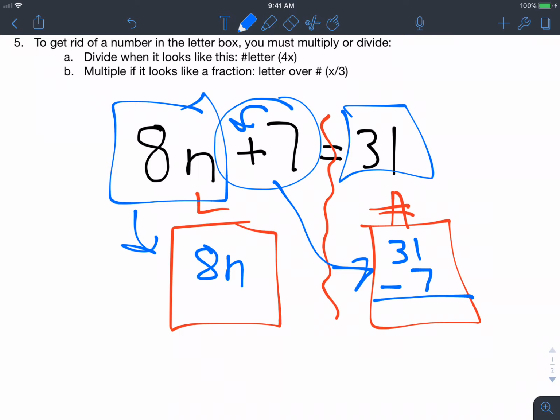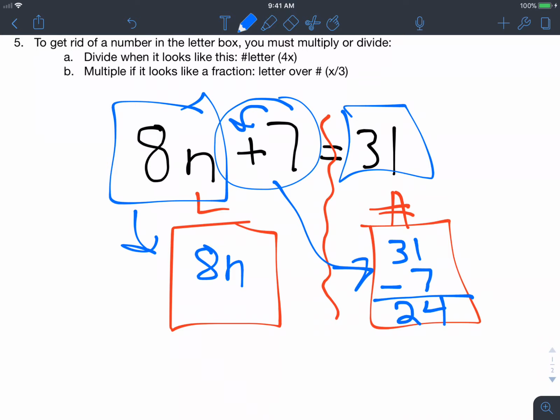Then I have 31 minus 7, which gives me, let's see, hang on, let me use my calculator real quick. It's not coming to my head. So 31 minus 7 is 24.